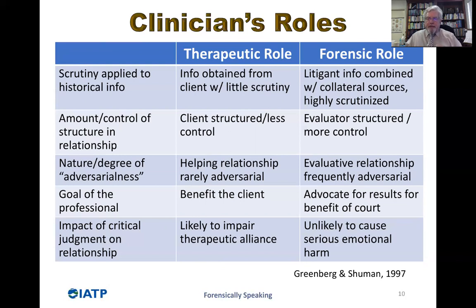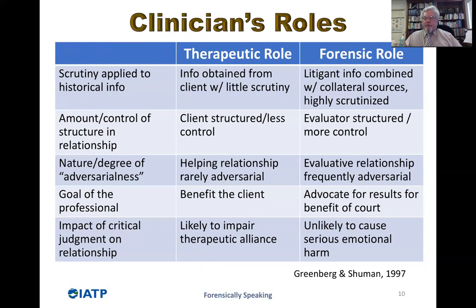However, it is important that if the facts aren't germane to the forensic question, to the referral question, then those facts are not going to be included. While in a therapeutic setting, those facts may be very interesting to you and may be helpful. I can think of a case recently that I had where the individual was illegal and he was in our country, and he had gotten involved in a sexual crime.